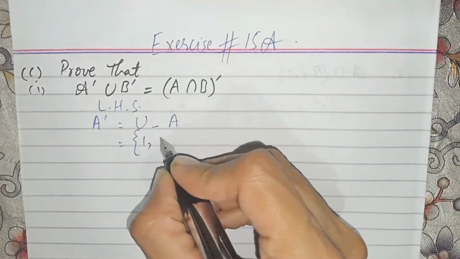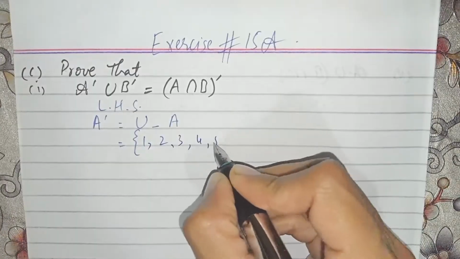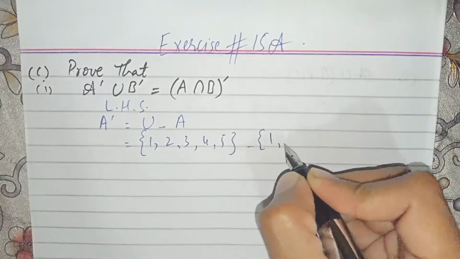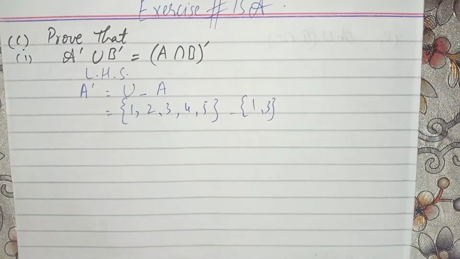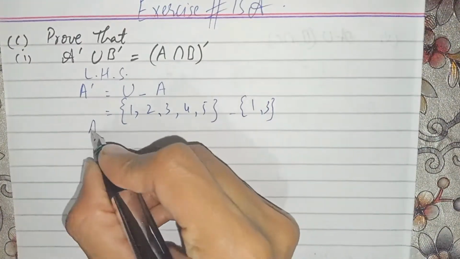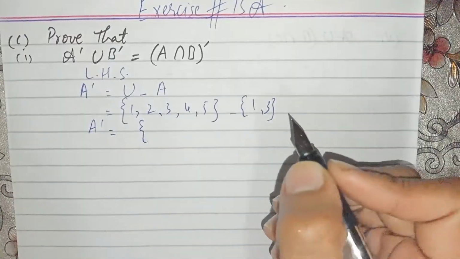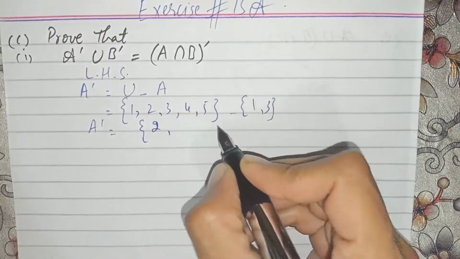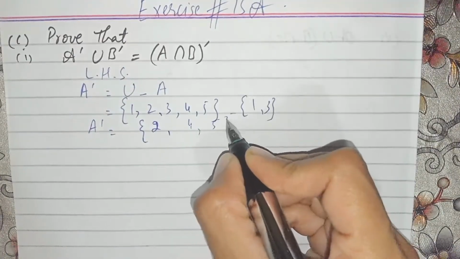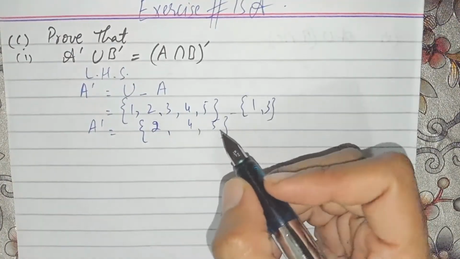So we write 1, 2, 3, 4, 5 and A is 1 and 3. Now in the A complement, these are the elements which are not in A but present in U, and these are 2, 4 and 5. This is the A complement.